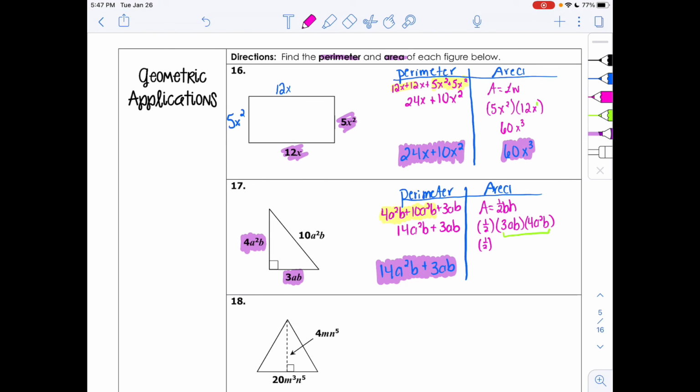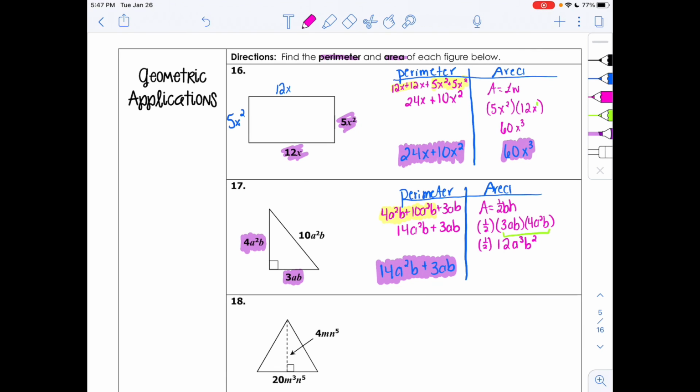And then when I multiply my second and third term, we start by multiplying our coefficients. So 3 times 4 is 12. And then a times a squared, that is a to the third. I have to remember my multiplication law. It means I add my exponents. And then b squared, 1 plus 1 is 2, again adding my exponents because I'm multiplying exponents.